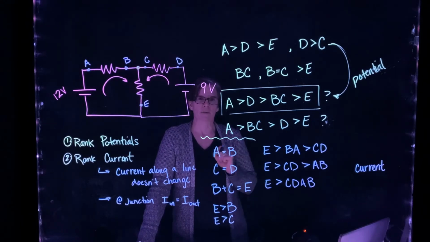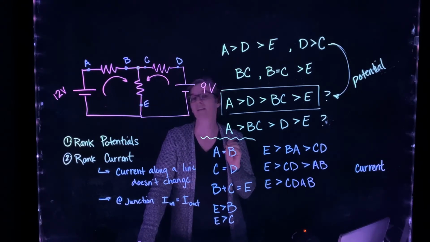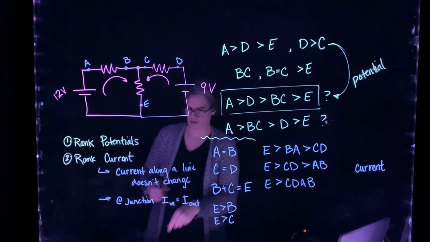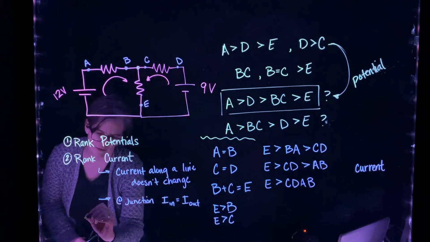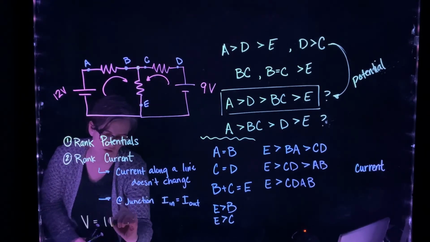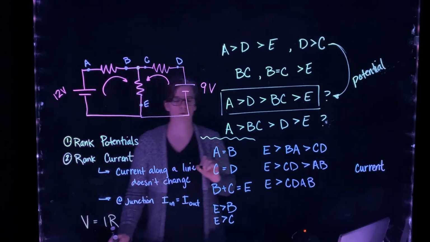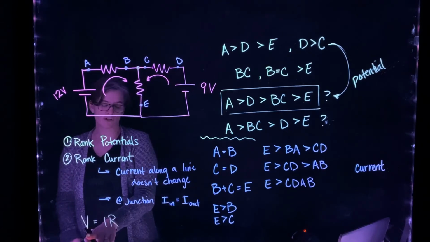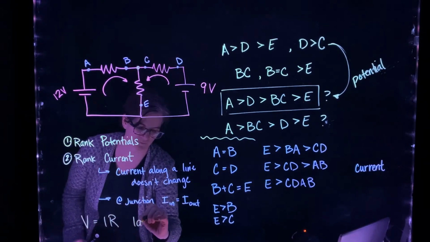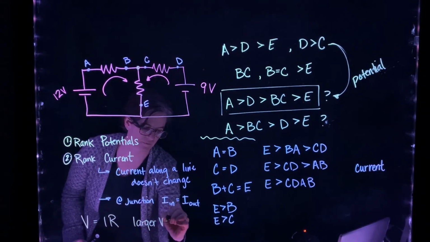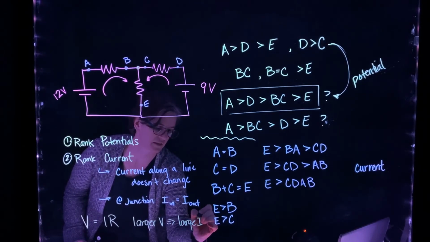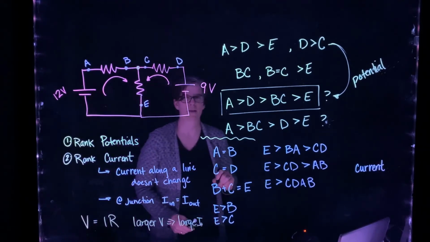So how are we going to figure that out? We're going to remember Ohm's law, which tells us that the voltage is equal to the current times the total resistance. So the larger the voltage, the larger the current if the resistances are the same.